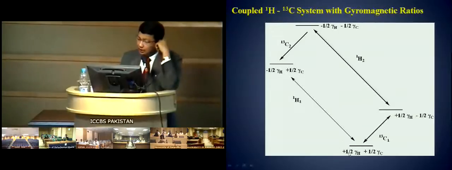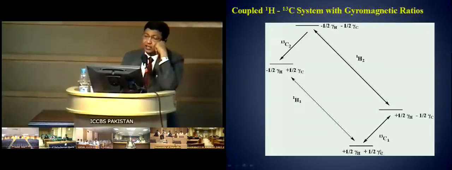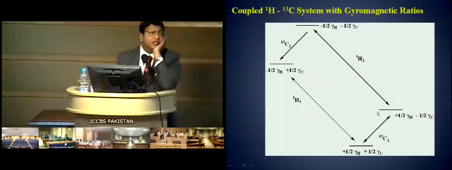So this is a spin half gamma H and this is a spin half gamma C. On the other hand, these would have a different orientation, so they are negative half gamma H and negative half gamma C, right? In this case, one would be positive and the other negative, and this would be negative and positive. So you see that there are four different transitions: single quantum transitions.